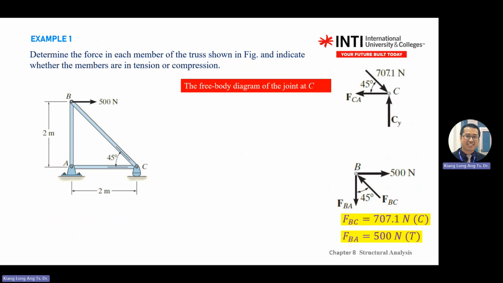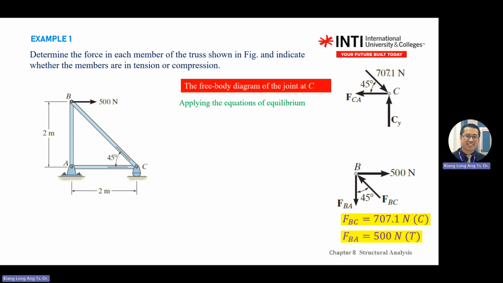Important is you are looking at the correct members. In this case, BC, AB, this one is the member. Then you solve using equilibrium also. All the force equals 0, all the moment equals 0. So for x, you need to tell me where is x positive, where is x negative, y positive. Do the same. You will get CA and CY.